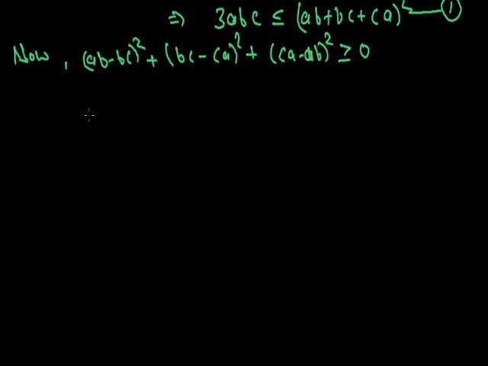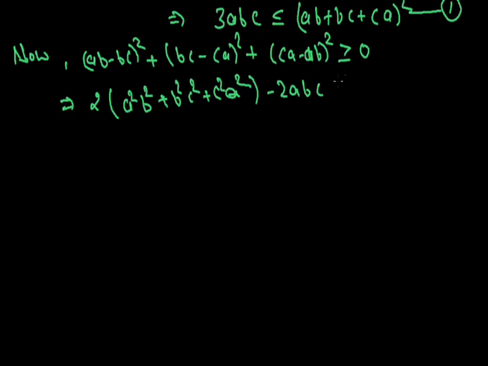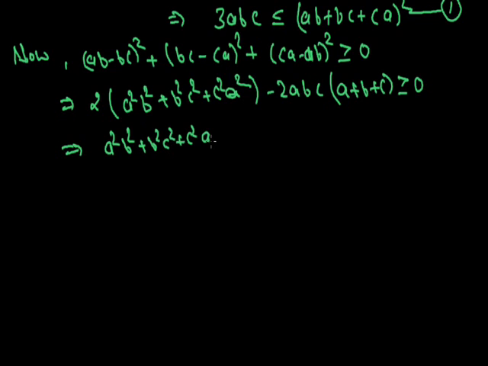From here we have twice of (A square B square plus B square C square plus C square A square) minus twice of ABC into (A plus B plus C) is greater than or equal to 0, or we may say that A square B square plus B square C square plus C square A square is greater than or equal to ABC, as we know that A plus B plus C is equal to 1.